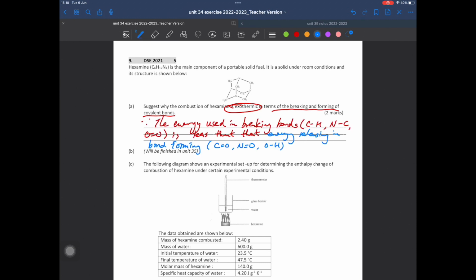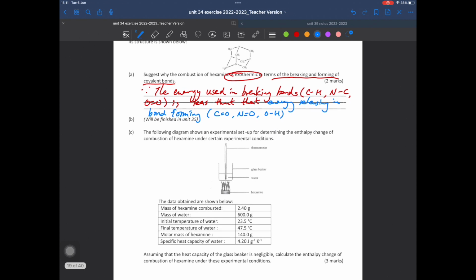Energy used in breaking bonds, I emphasize there are 3 types of bond: CH bond, NC bond, or OO bond from oxygen, is less than that of energy released in bond forming. Again, 3 types: CO double, NO double, or OH bond. Now, if you forgot to mention what kinds of bond are breaking or forming, then 1 mark will be deducted.